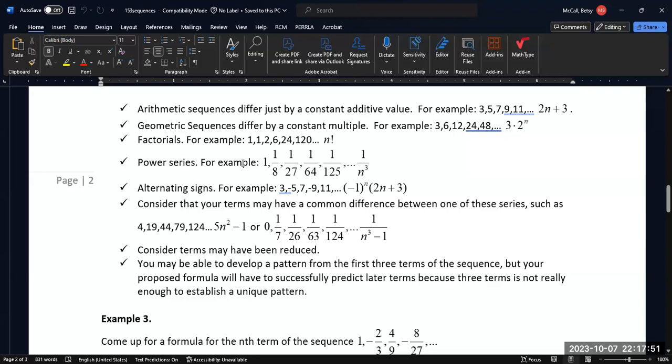Powers of numbers are also very common. So n squared, n cubed, things like that. And so again, that's something that you want to look for. 1 to any power is 1, but then 2 cubed, 3 cubed, 4 cubed, 5 cubed would be 1 over n cubed. Similarly, 1/4, 1/9, 1/16, 1/25, that would give you n squared, and so on.